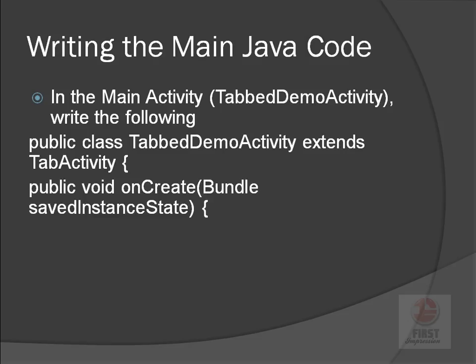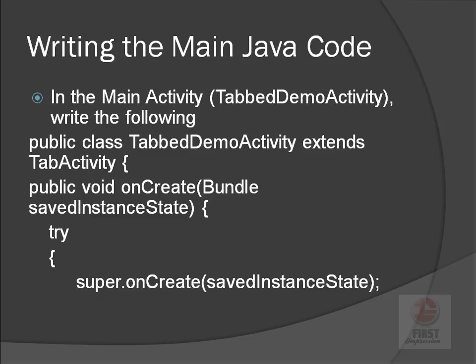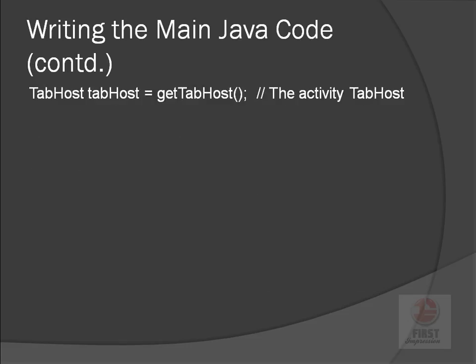Then inside the onCreate method, you will have setContentView. The setContentView is used so that the main XML and the activity get linked up. Then we should first get the tab host. The getTabHost function will get the tab host of the activity. In this tab host, we have to create two tabs.